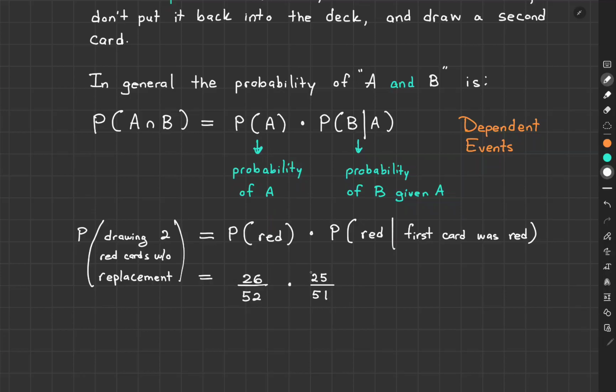So if we select a second red card, there's only 25 left out of 51 total. The first one reduces to 1/2, so this probability comes out to 25 over 102, approximately 24.5%.